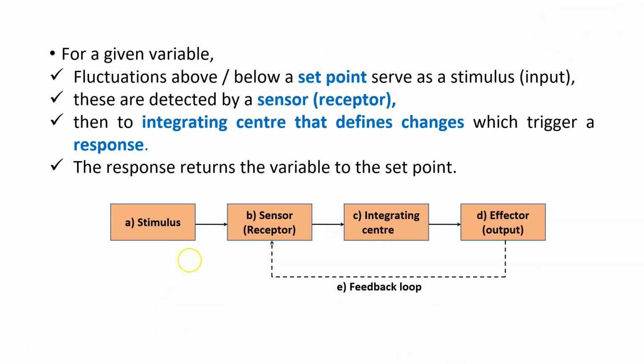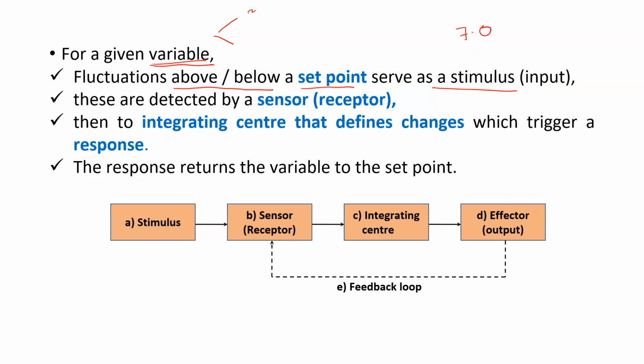Okay, so for a given variable, whatever physical factor or chemical factor that we have looked at, for example, such as body temperature, such as blood glucose level, for example. So fluctuation above or below a normal set point, okay, serve as a stimulus. Kalau pH becomes acidic, okay, pH become acidic, for example, below than 7.4.